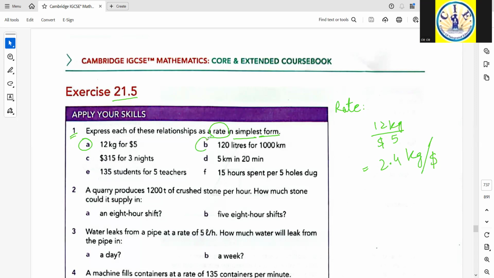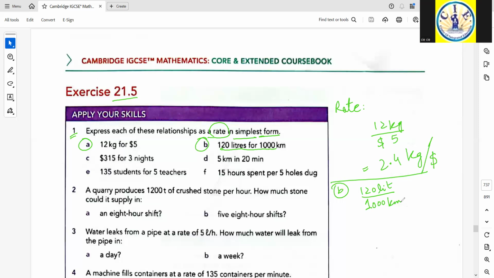Okay. Part B, 120 liters for 1000 kilometers. That means 120 liters for 1000 kilometers.